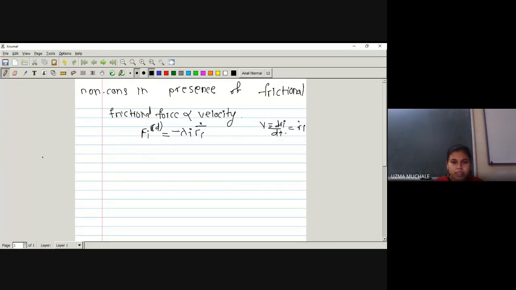As it is trying to destroy the motion, the negative sign is introduced. Okay, have you understood this? Proportionality is converted to equality with the help of some constant, and the negative is for the frictional force. As the frictional force is going to oppose your motion, the negative sign is introduced. So what is lambda_i? Lambda is a proportionality constant.